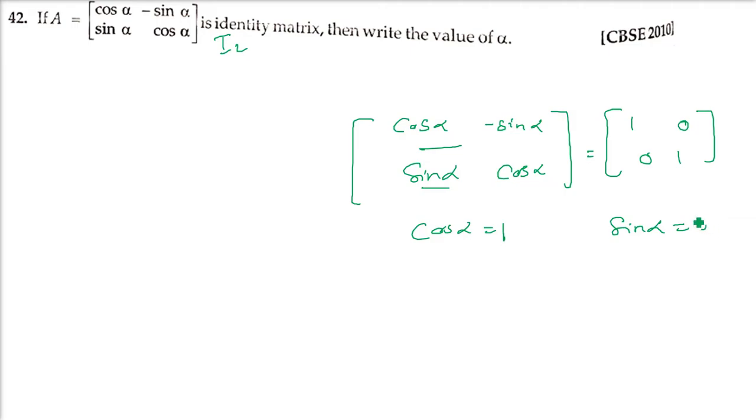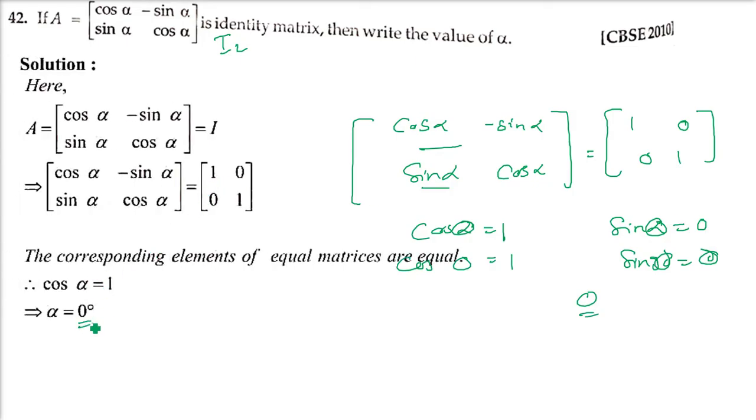So cos 0 is 1 and sin 0 is 0. There are other combinations also. So sin 0 is 0 and cos 0 is 1. So this angle will be 0. So alpha equals 0. Sin 0 is of course 0 and sin 90 is 1.